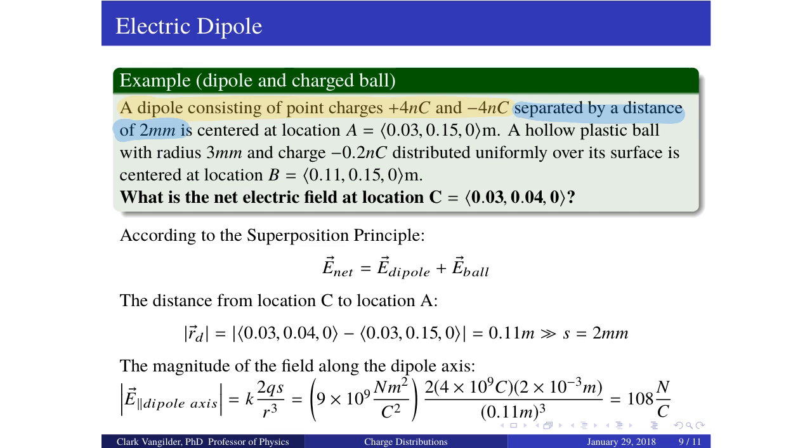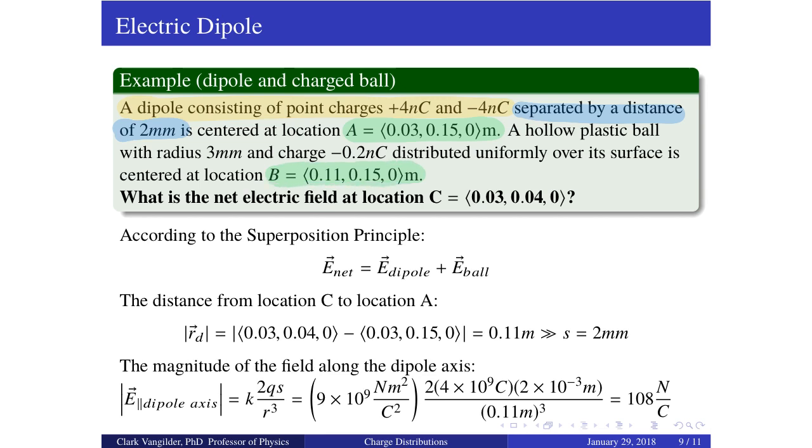And we're given this position. So it's in the XY plane, because I have non-zero X and Y parts and a 0 Z part. So flat on paper kind of picture. And then the hollow plastic ball has its radius and charge distributed over its surface, and its location is also in the same plane.